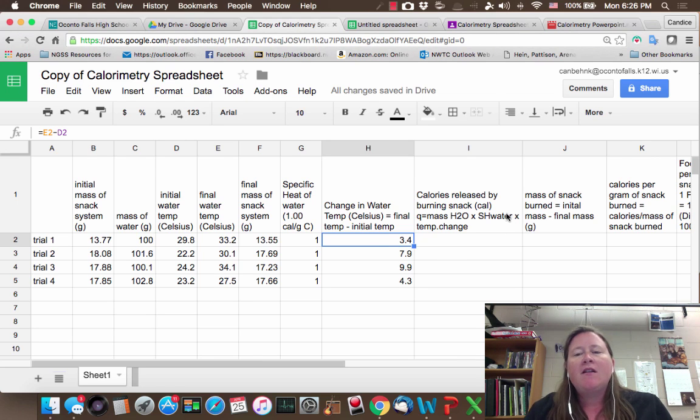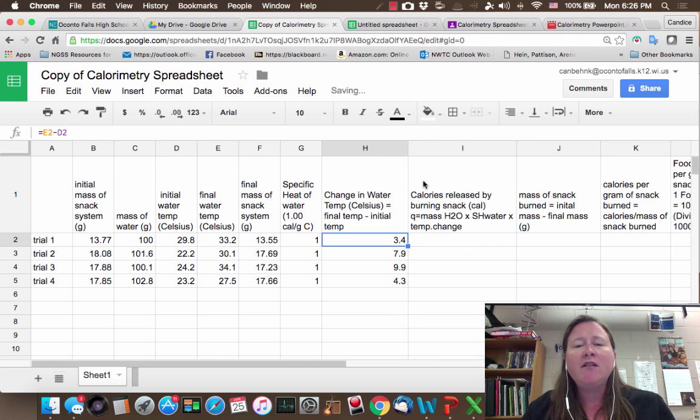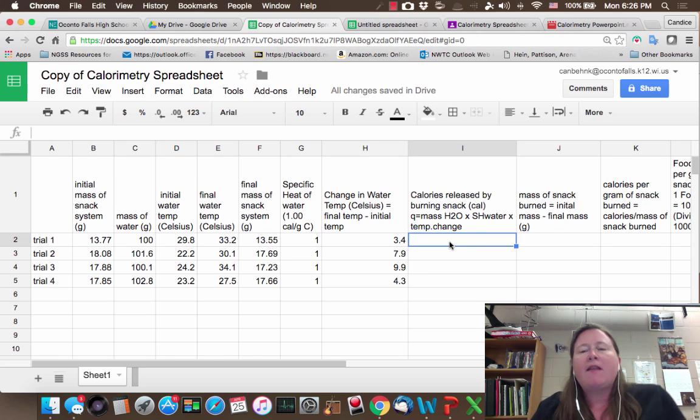The next calculation we're going to do is going to involve multiplication. The multiplication symbol in spreadsheets is the asterisk sign, which is above the 8. In this case, we need the calories released by the burning snack.